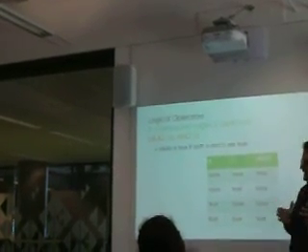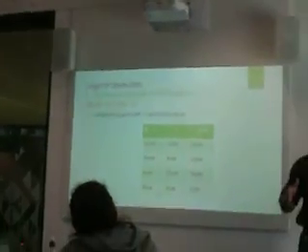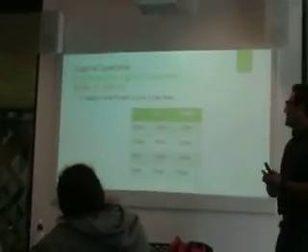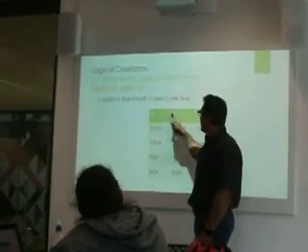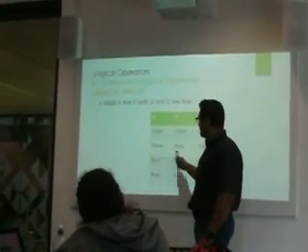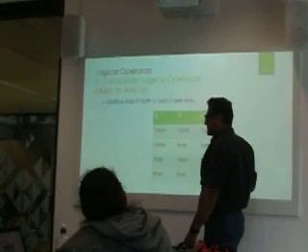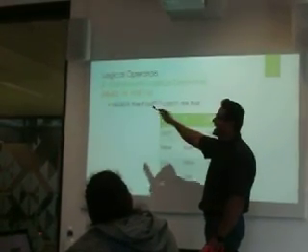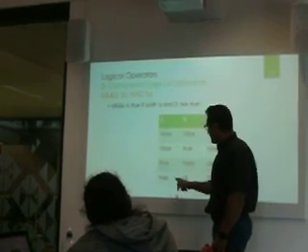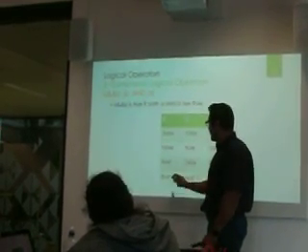AND applies if all the conditions apply. So, if either of A or B is false, the result is false. The only way that the result of A and B is true is when both A and B are true.